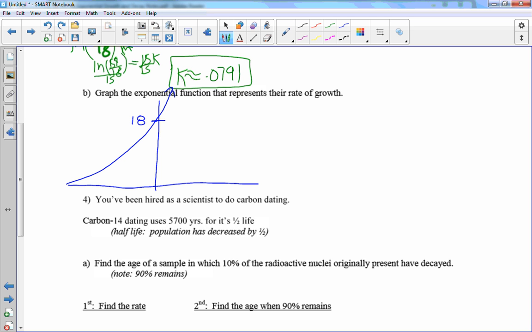What's our initial time? T equals 0. And how many Martians are at T equals 0? Okay, then we know another point on the graph. So, yeah, time is 15. Where would the point be on the graph?